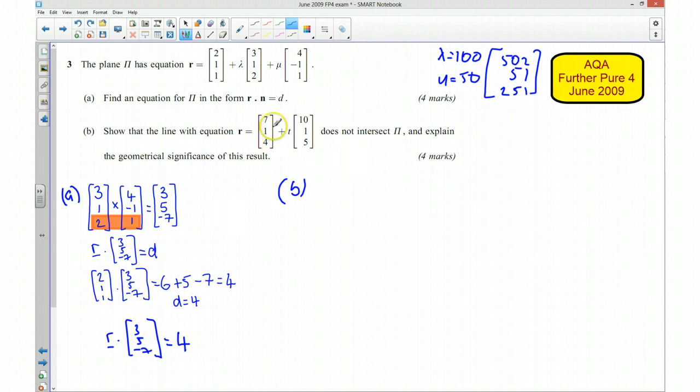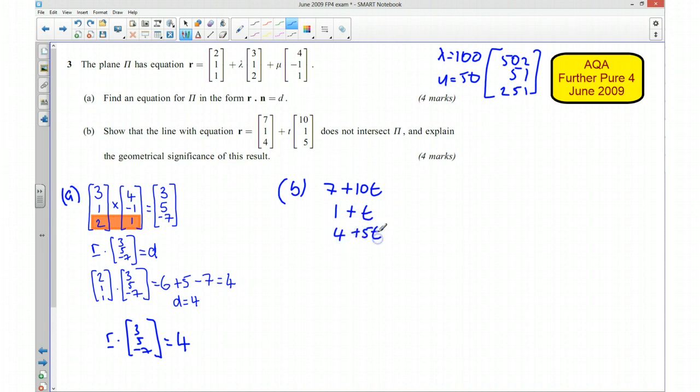So I'm going to substitute this into my plane. So my value of r is going to be 7 plus 10t, and I've got 1 plus t, and I've got 4 plus 5t.